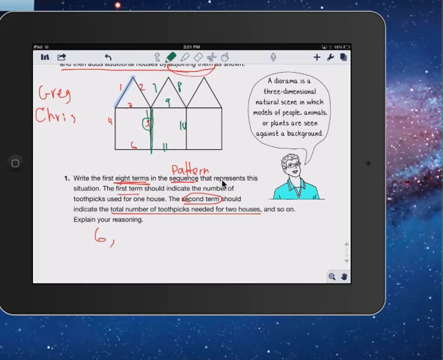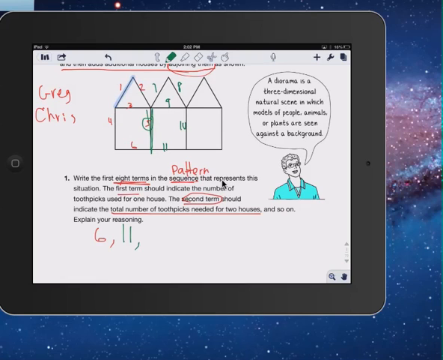So what is my next term? You had all the 11, right? Now, my third house. How many toothpicks total to make 3 houses? Discuss amongst yourselves how you would find the third, fourth, fifth, sixth, seventh.